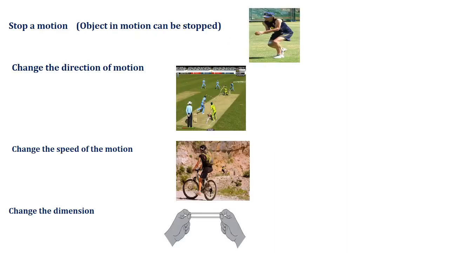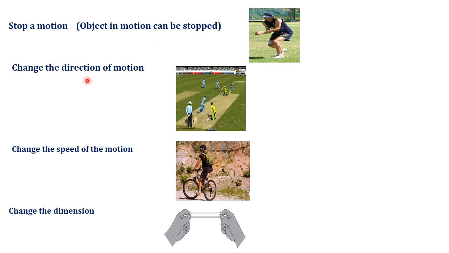Now look at these pictures. A person catching a ball. It means by applying a force we can stop a motion. So he stopped the motion of the ball by catching the ball.